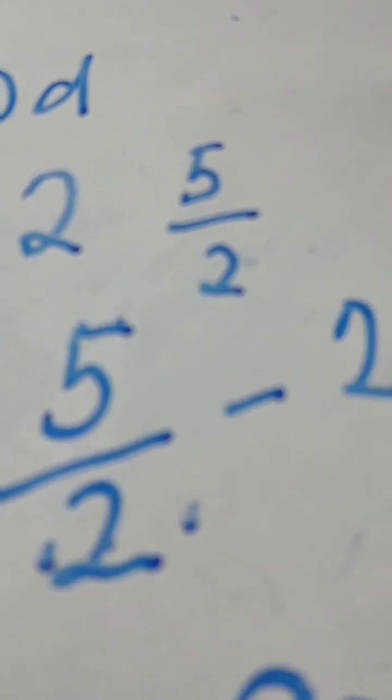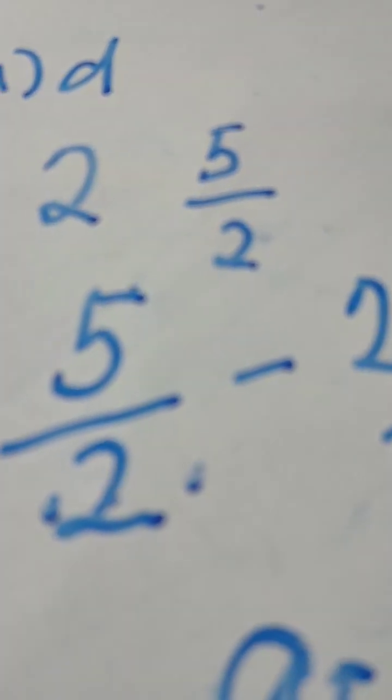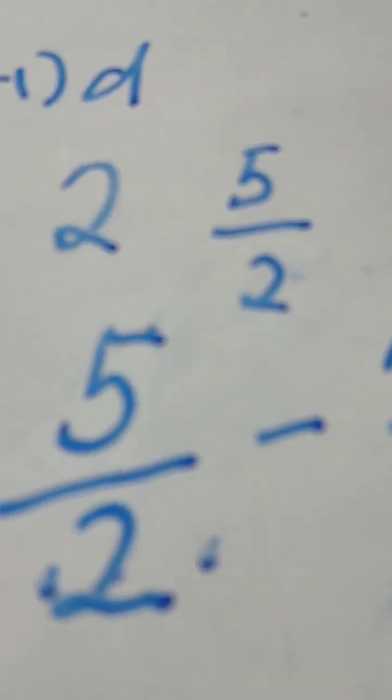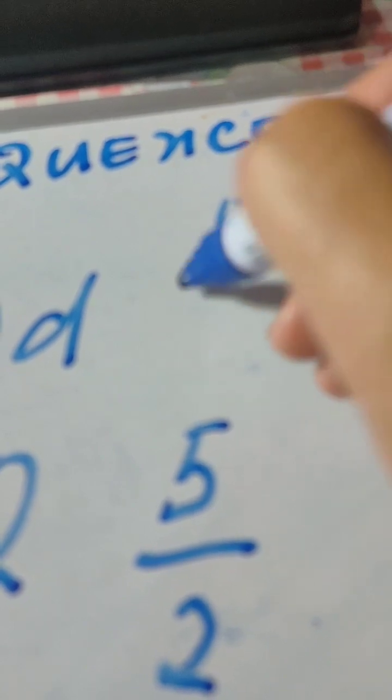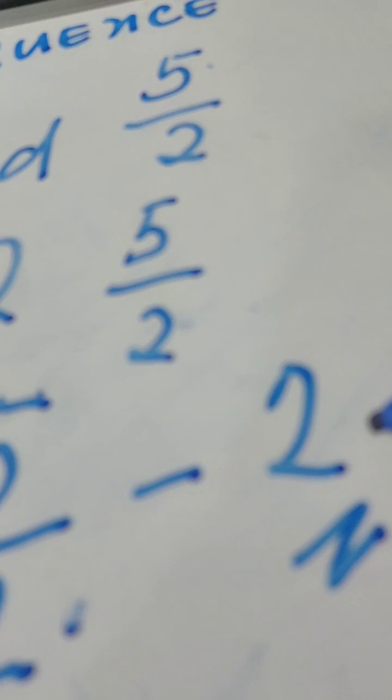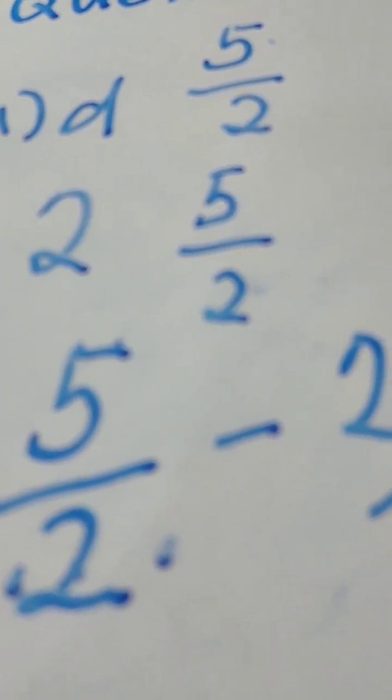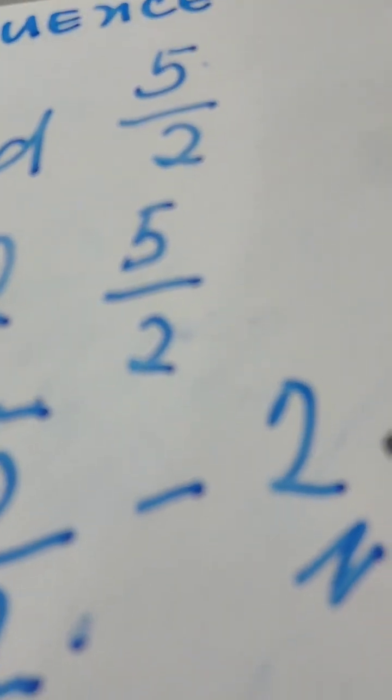So we can have 5 halves minus 2. And how do you express 2 as a fraction to make 5 halves and 2 a similar fraction? Writing this here, 5 halves, 2 can be expressed as 4 over 2 to have a common denominator of 2 with 5 halves, because 4 divided by 2 is still 2.